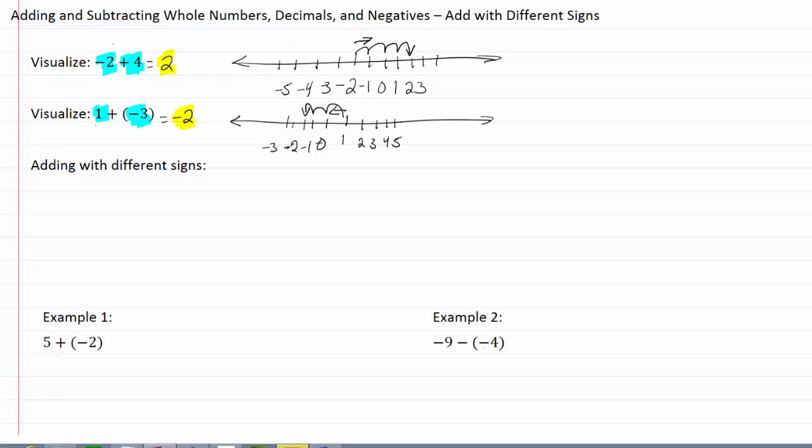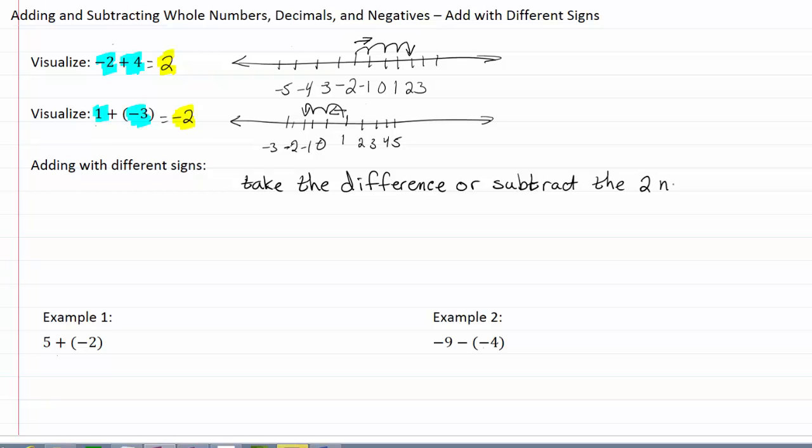So what it looks like is that if we're adding with two different signs, we're going to be subtracting the numbers. So if we're adding with different signs, then take the difference or subtract the two numbers.